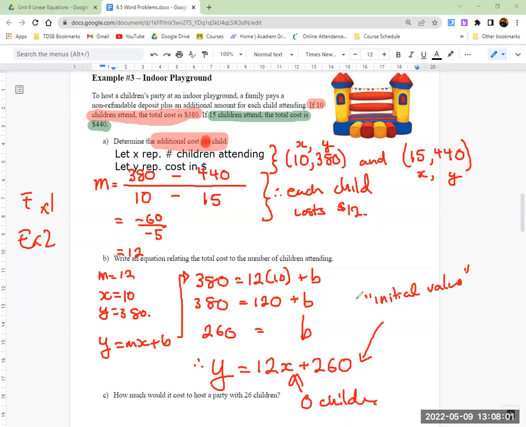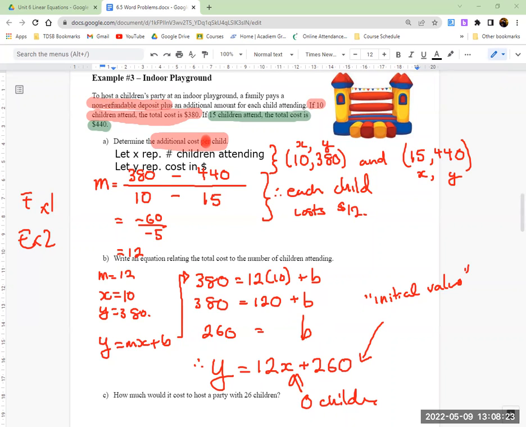Why do I have to pay if I have no children coming? Remember the question said a non-refundable deposit, which is pretty common nowadays because of COVID. If you book something, they want money for it. You can't cancel last minute. So yeah, there it is.